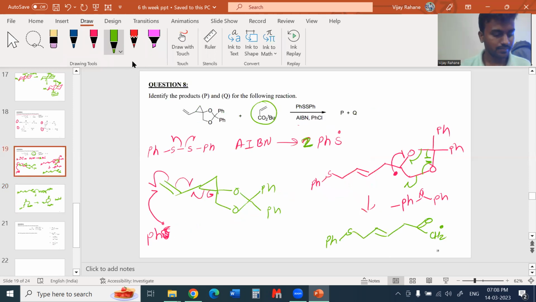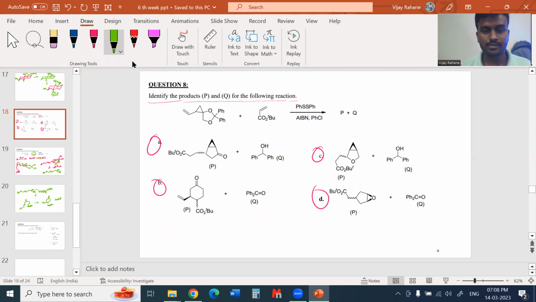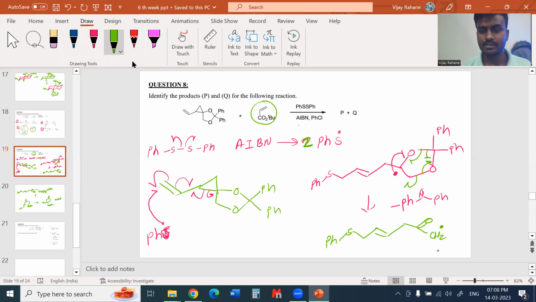So here the P and Q will be, here P, this one, right? This we have seen, this one product, and this one is eliminated in the reaction mechanism.